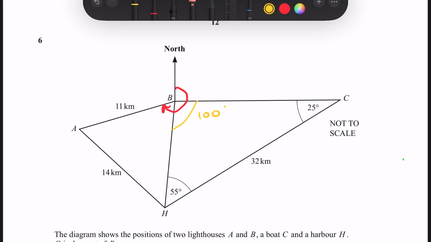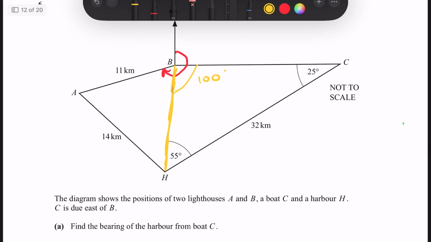Now let's see. If we have the length BH as well, which is equal to, as stated before, 13.7, this means that for this triangle ABH, we have all three lengths. This means that we can find the cos of any angle.